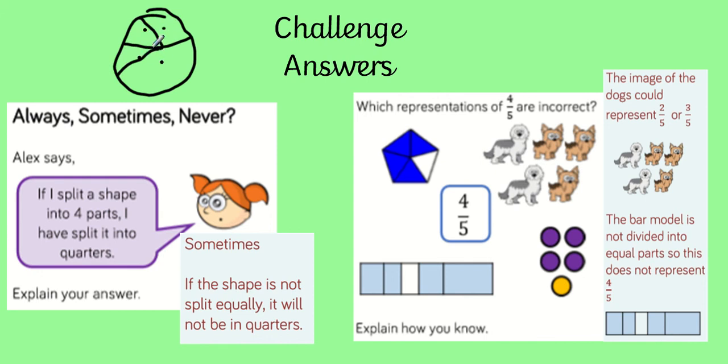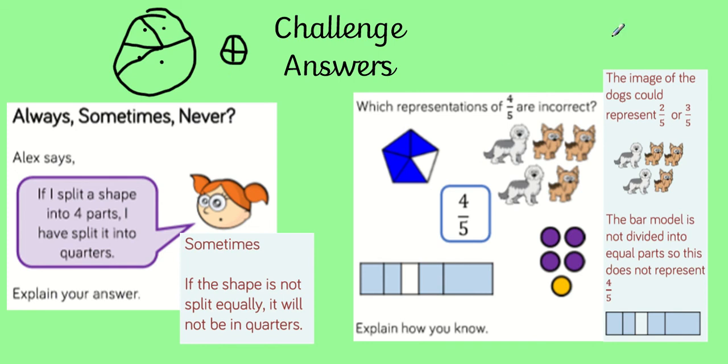It's still split into 4 parts, but they're not quarters because they're not equal. If it's quarters, it's got to be 4 equal parts, and even then it's not perfectly equal because I haven't used a ruler or drawn my circle properly.